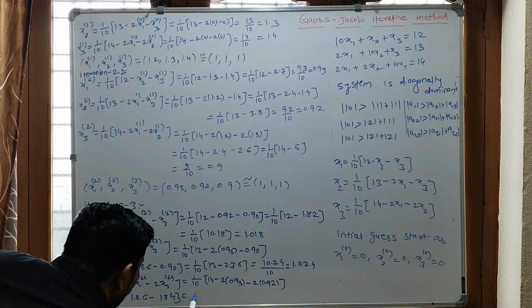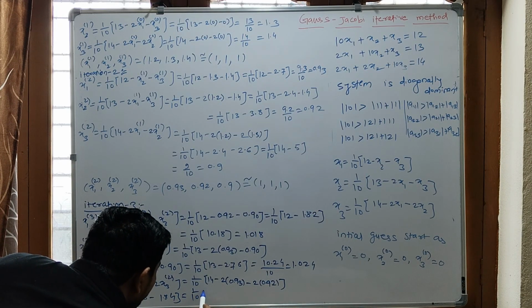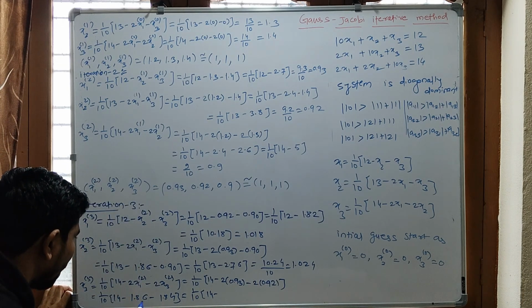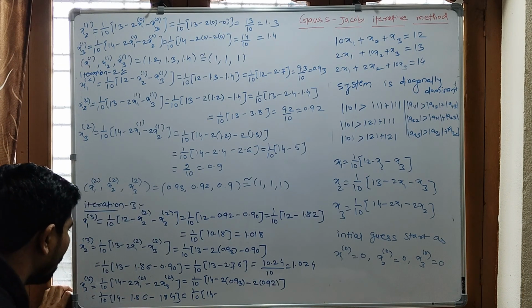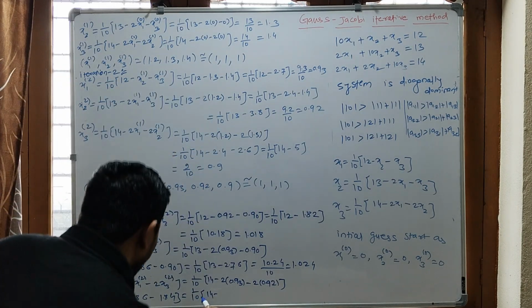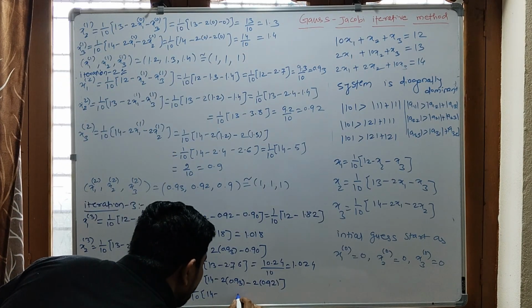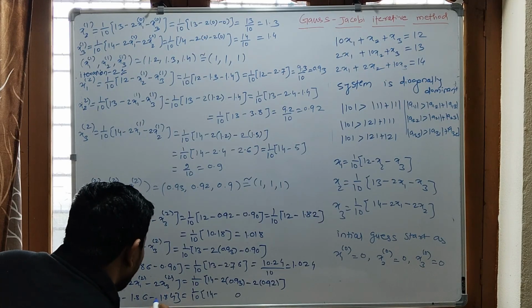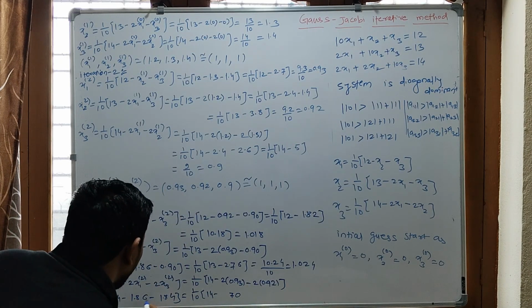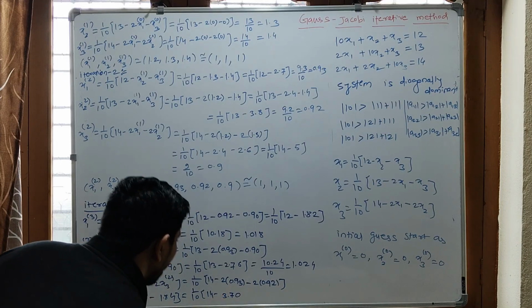Which is equal to 1 by 10 times 14 minus, here I will write, 1.86 plus 1.84, which is 3.70.